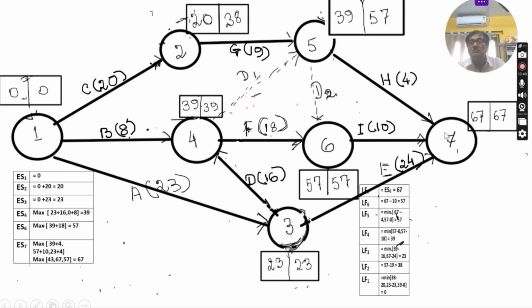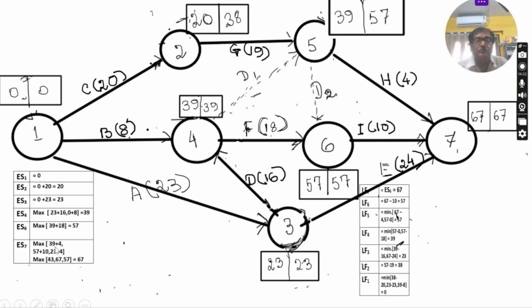Now the last node 7, S7. Which activities are connected with this? 5, 7, 6, 7 and 3, 7. You have to compute the time and check which is the highest, and we accept it. For 5, 7, the earliest start time 39 plus 4 means 43.